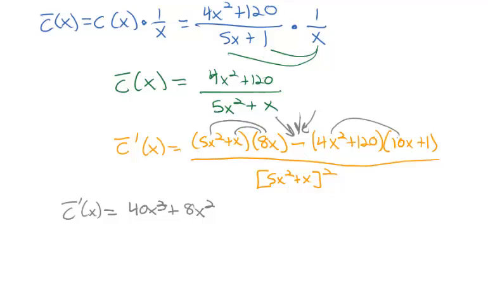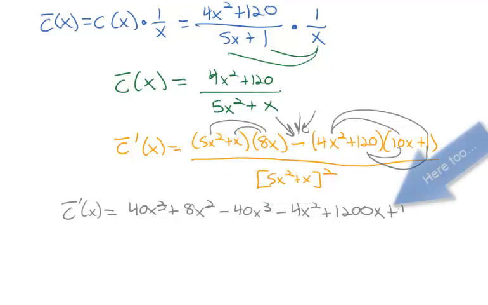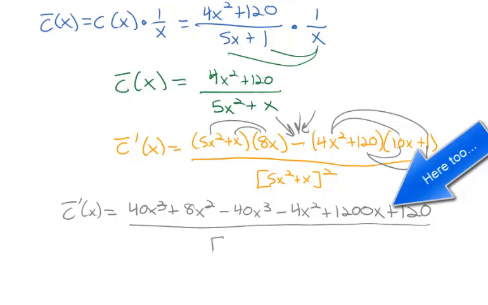So when we start FOILing, 4x squared times 10x is going to be negative 40x cubed. 4x squared times 1 is 4x squared, so negative 4x squared, plus 120 times 10 is 1200x, plus 120, all over 5x squared plus x squared.